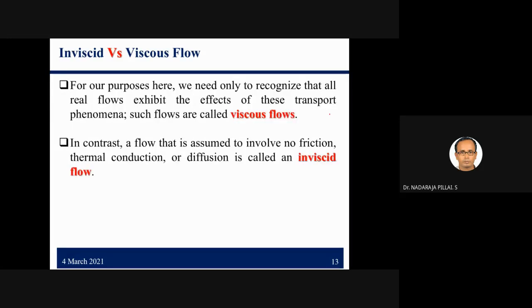For this purpose, we only need to recognize that all real flows exhibit transport phenomena in nature. So if such transport phenomena exist in a fluid flow, we can call that fluid flow a viscous flow.